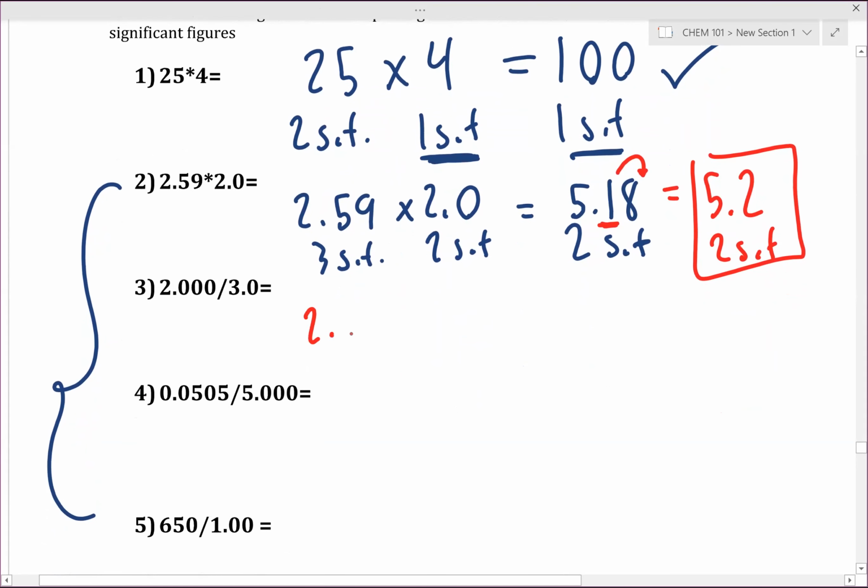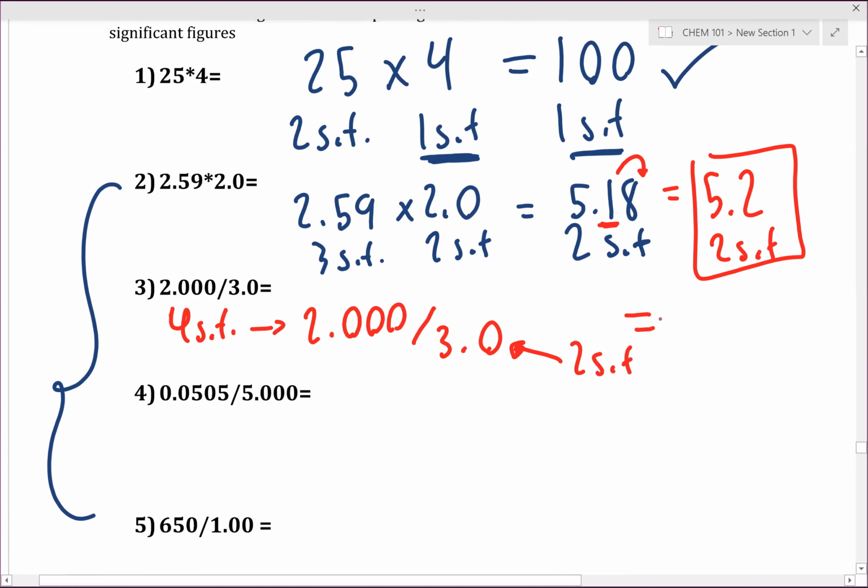So we have 2.000 divided by 3.0. So how many significant figures does our top number have? 4, yep. So we have 4 sig figs on top. How many significant figures does our bottom number have? 2, has 2 sig figs.